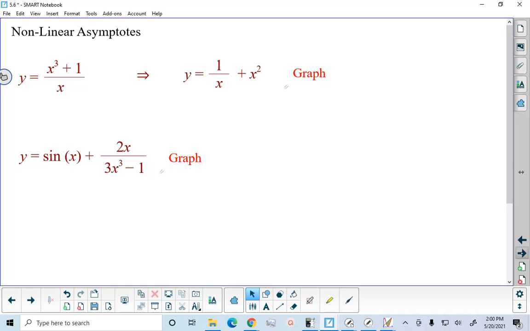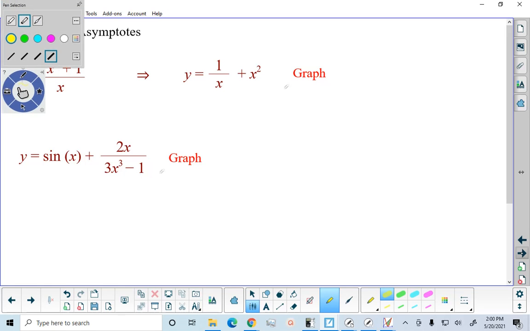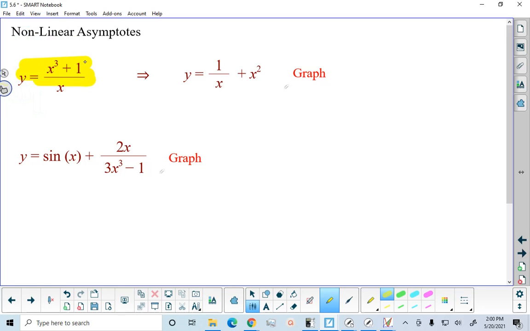Take a look at this function, y equals x cubed plus 1 over x. If I were to do long division here, since the degree on the top is 3 and the degree on the bottom is 1, my quotient would be x squared.